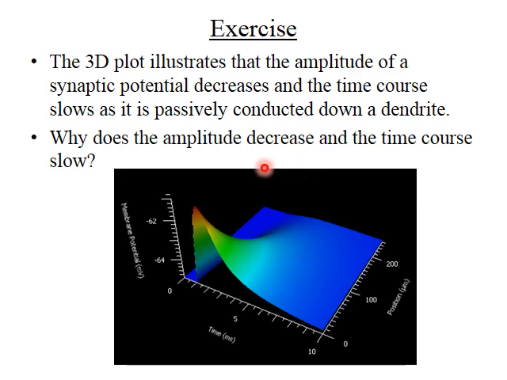It shows the generation of a synaptic potential, and how it decays as a function of time along this axis, and also as a function of distance as the synaptic potential is passively conducted down the length of the dendrite. In the exercise we'll consider how this synaptic potential decays in amplitude as it's passively conducted down the dendrite, and also how it slows up in time. I'd like you to consider these, and we will be talking about this in class.